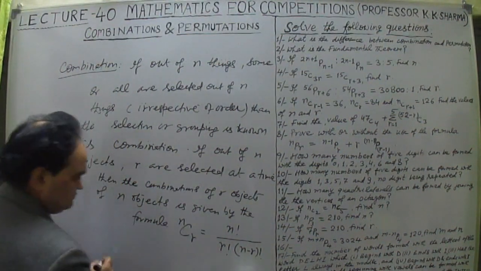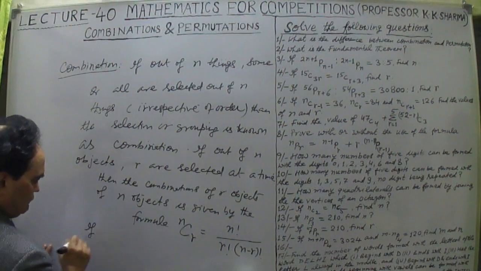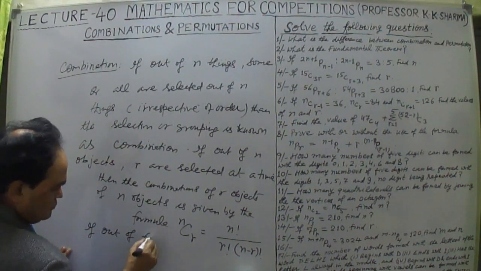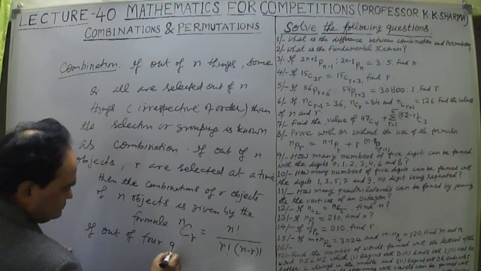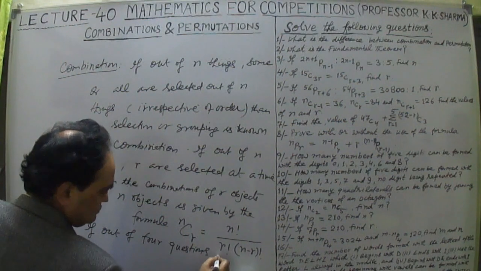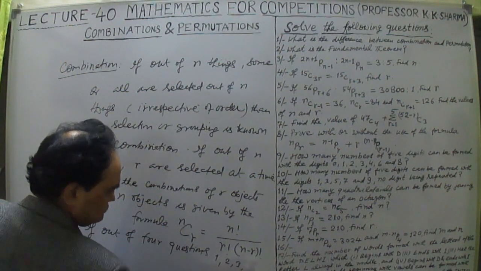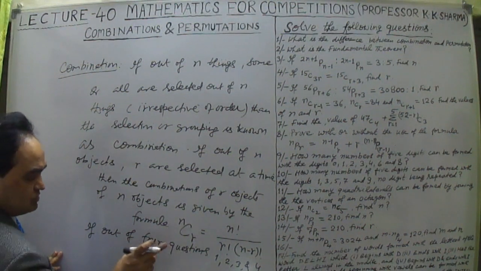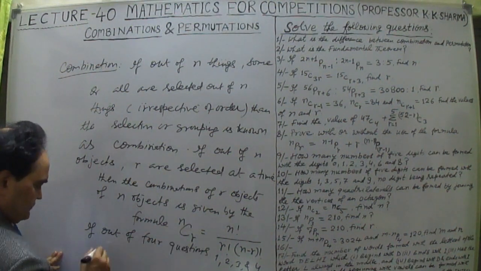Let me take, if out of 4 questions, 1, 2, 3, and 4, here the value of n is equal to 4.